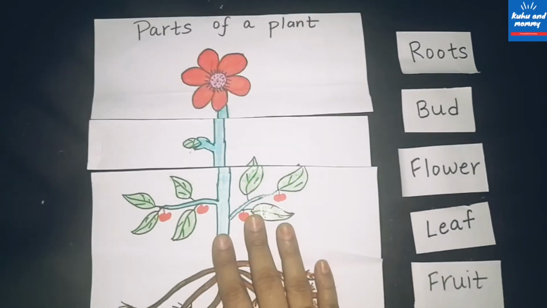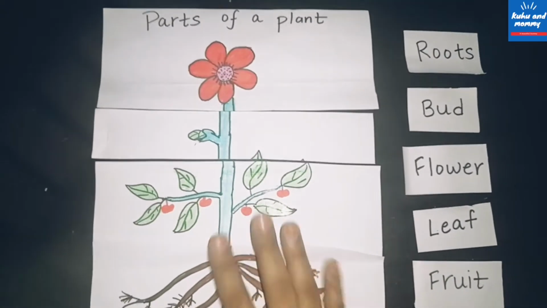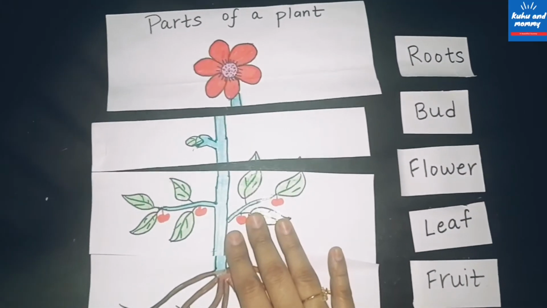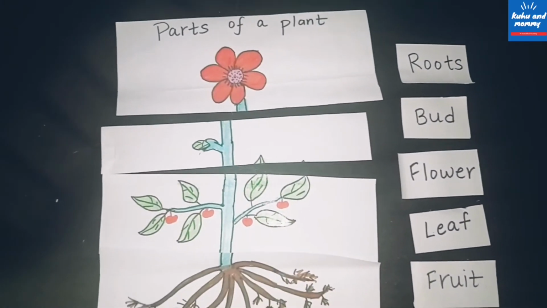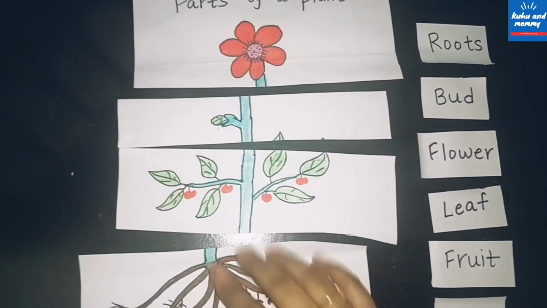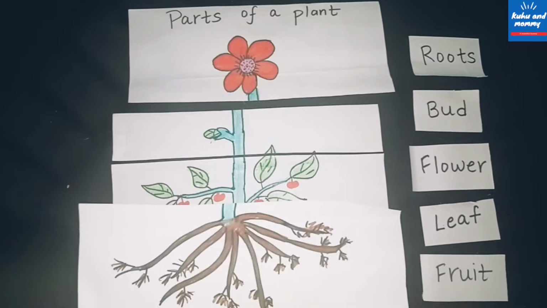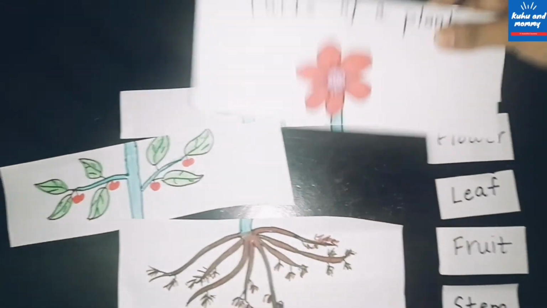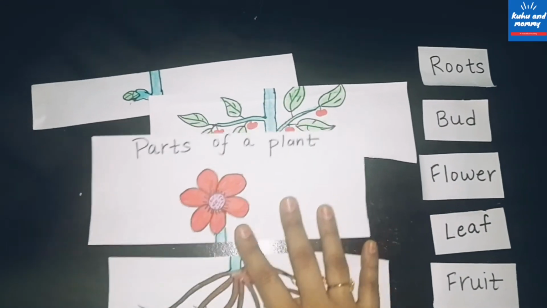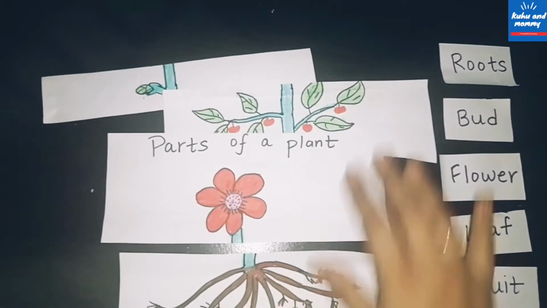Now in the next activity, what you can do is draw these parts of the plant on a sheet of chart paper or any cardboard piece, and then cut it out to make pieces of puzzles. The child has to arrange these puzzle pieces and make the plant.